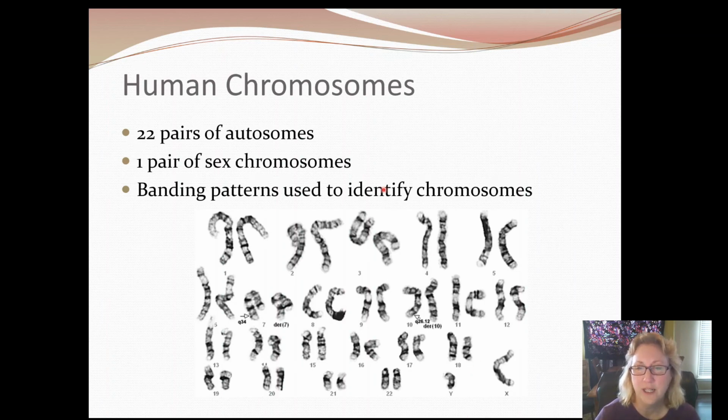Before DNA analysis was available, human chromosomes were studied in a similar way to fruit flies, and that was by banding pattern. But even with just that very primitive method of looking at chromosomes, large deletions could be identified as the cause of particular genetic disorders.